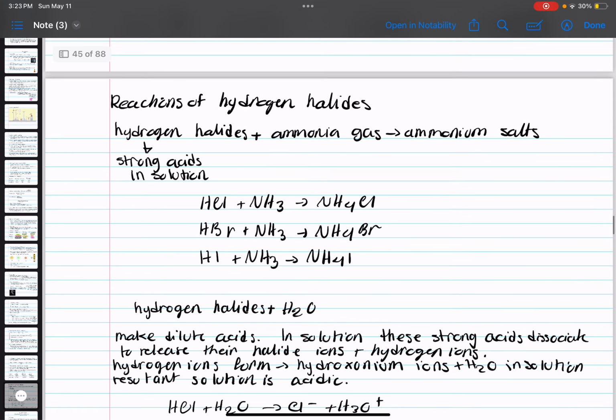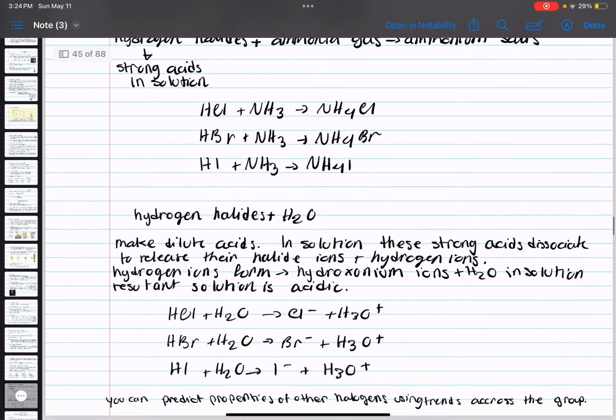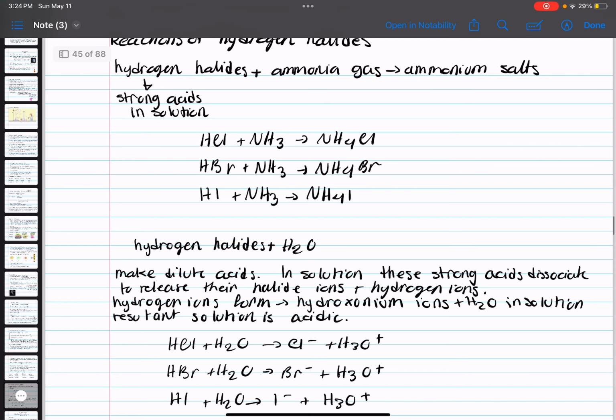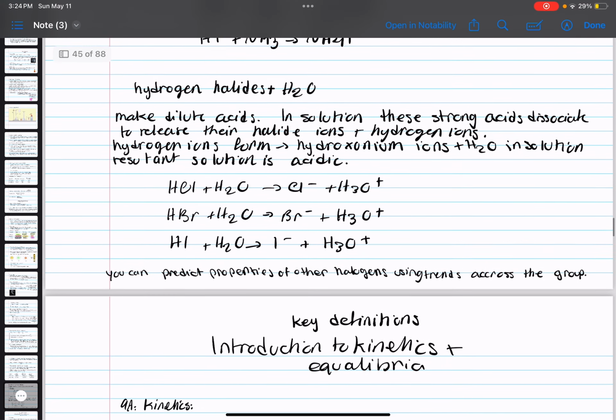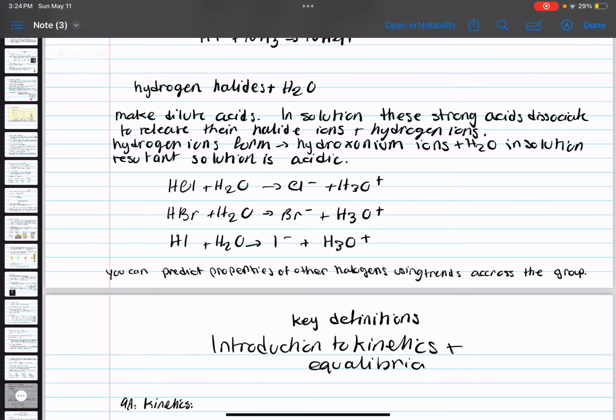And then we have reactions of hydrogen halides. Hydrogen halides with ammonia gas give you ammonium salts, which are NH4Cl, NH4Br, and NH4I. Hydrogen halides are also strong acids in solution. So hydrogen halides plus water make dilute acids. This is how we dilute acids basically. They're strong acids, so to form halide ions, we add hydrogen ions from water.